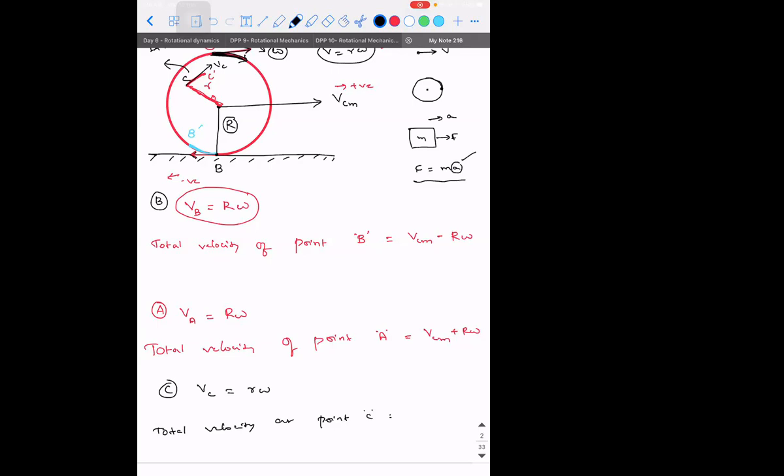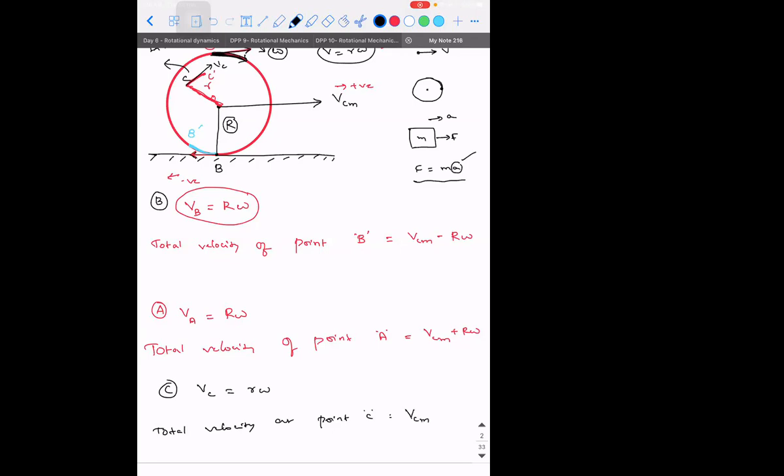If you observe in case A and case B, what is the advantage? It was parallel to the velocity of the center. That is, all the velocities were aligned along the x direction. Whereas here, what is happening? It is neither along the x direction nor along the y direction. So observe the way I'm writing. Does it make sense?